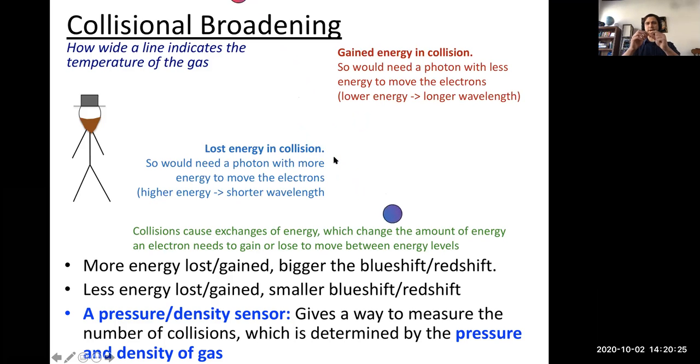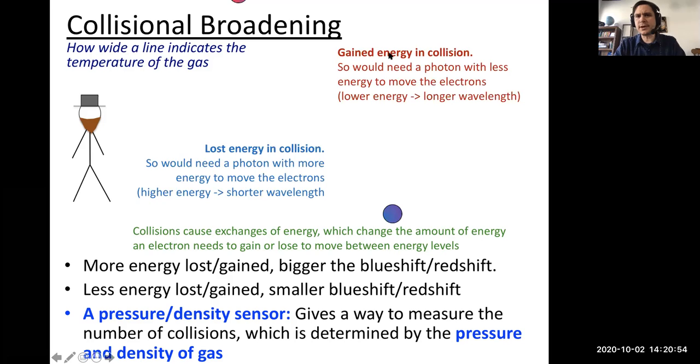So if that electron is going to make a transition, say jump from the ground state up to the first excited state, and it already lost some energy, it would need a photon with more energy to make up for the loss in the collision. More energy means that it would accept a shorter wavelength. The electron could accept a slightly shorter wavelength to make that transition, a higher energy photon.